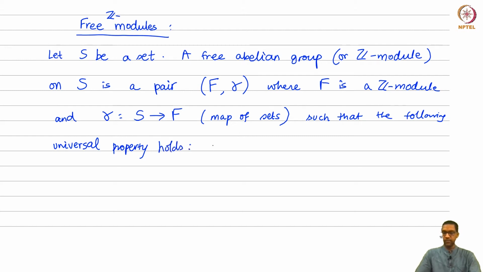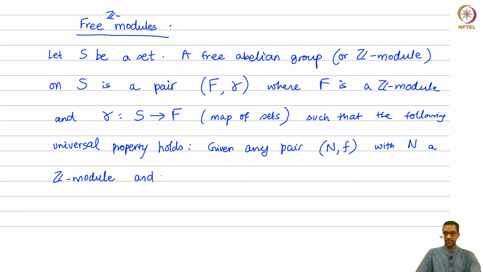Okay, and what is the property? Given any pair n comma small f, with N a Z module and f a set map, as before we'll draw the same sort of diagram that we drew for the tensor product definition itself.